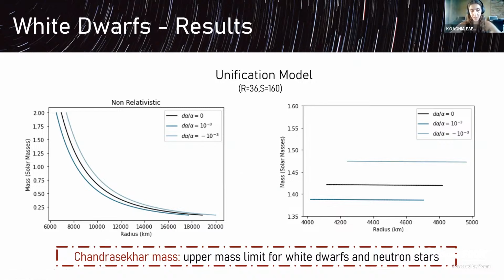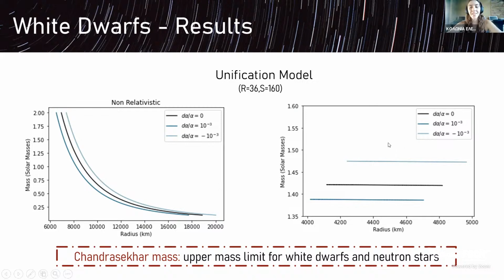The Chandrasekhar mass limit is the upper mass limit for white dwarfs and neutron stars. Of course, it differs because different compact objects have different physics, but the philosophy is the same. So this is the Chandrasekhar limit for a white dwarf, which is unperturbed, and the blue lines are the perturbed mass radius relation for a positive and a negative variation of alpha.